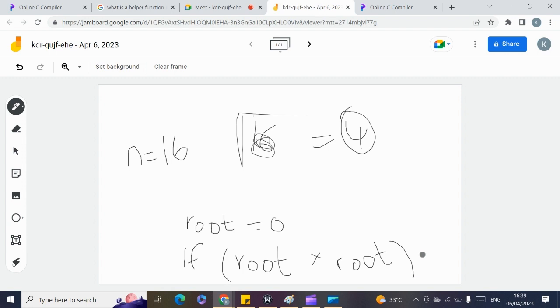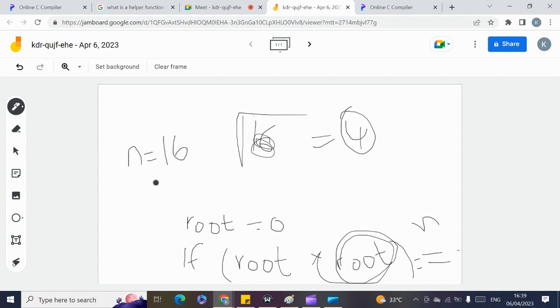Do you get it? So if this is equal to n, we return root. At this point, root is our result for the square root of whatever n is.